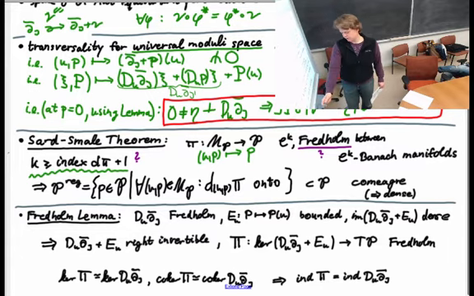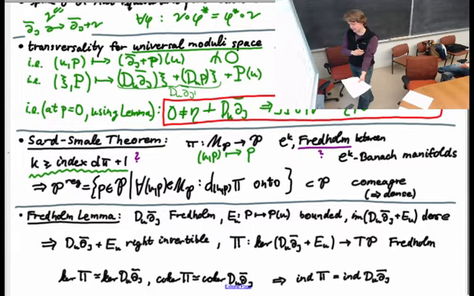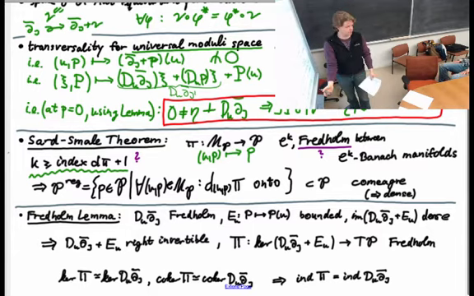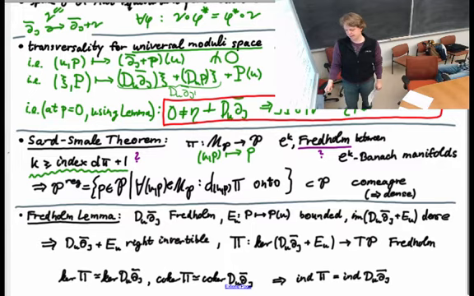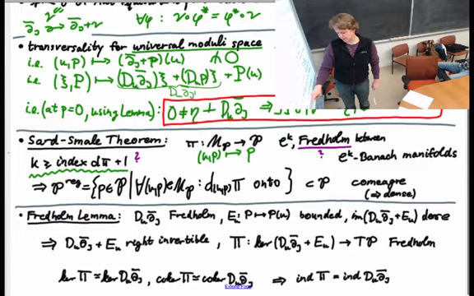This is a general fact about Fredholm sections plus bounded linear operators, but I've just written it in terms of the linearized operator and what we have here. So our linearized operator is a Fredholm map now, right, between Banach spaces.